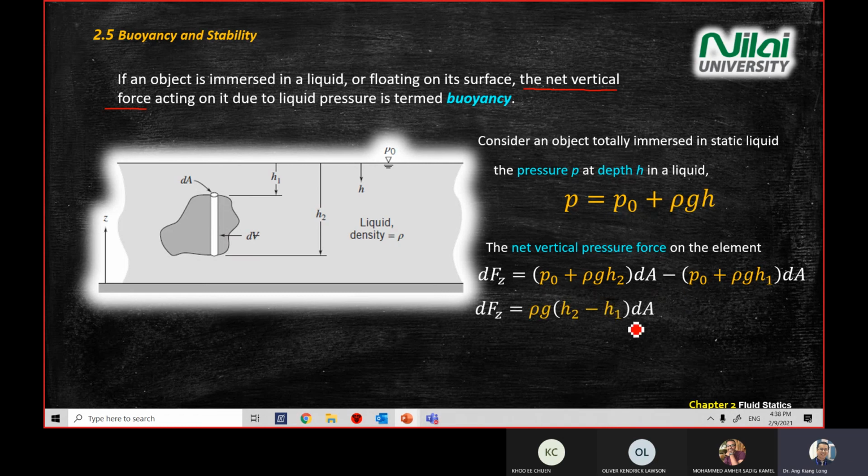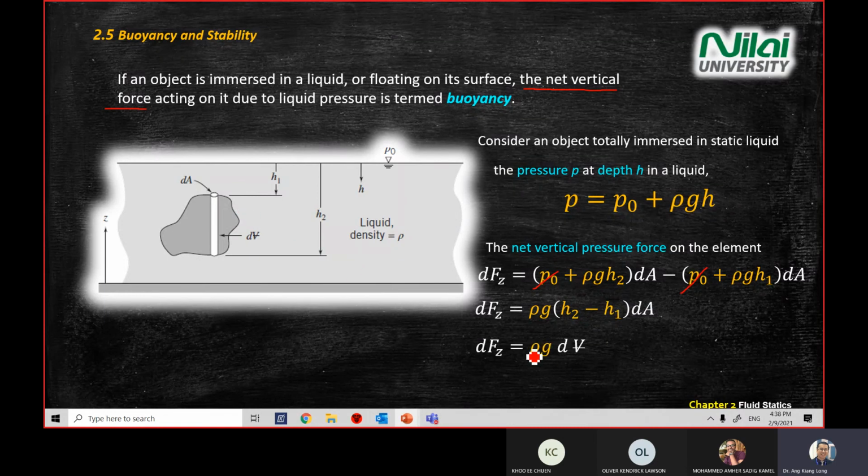And then the rest, you just simplify the equation. From here, you take out the P0, right? And then you factor out all the common factors. So you only have the difference H2 minus H1, which is the difference in height here.